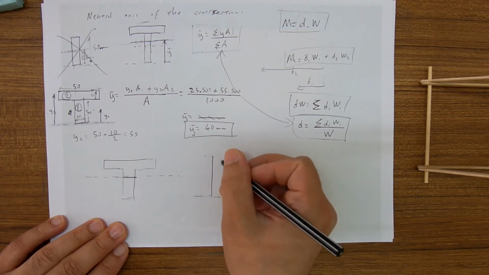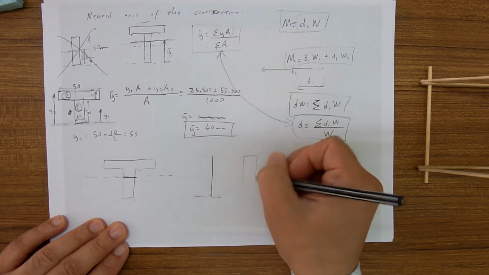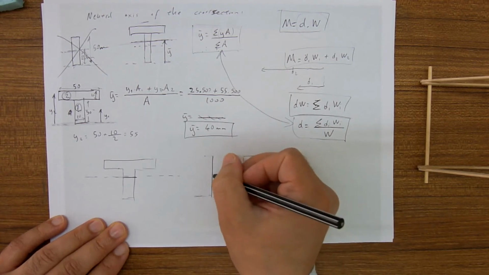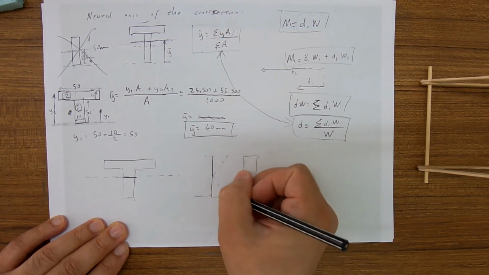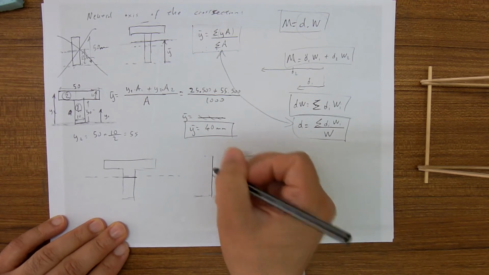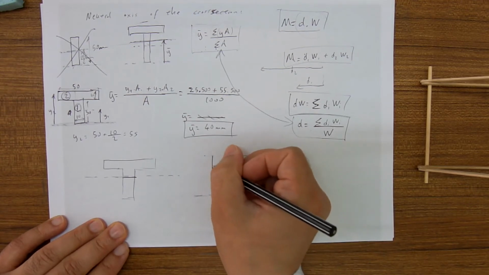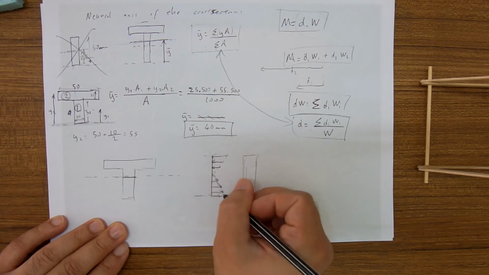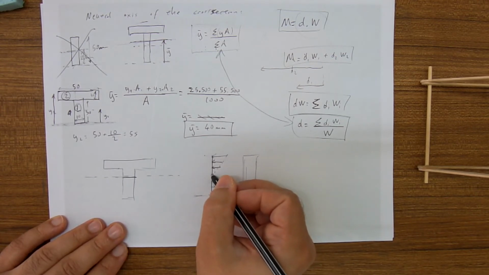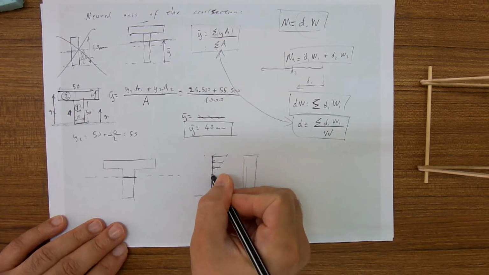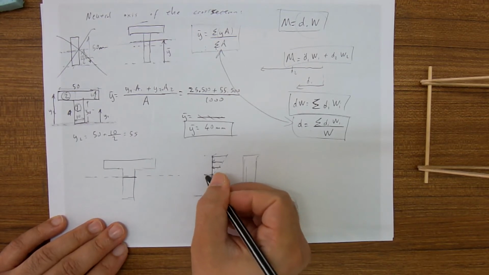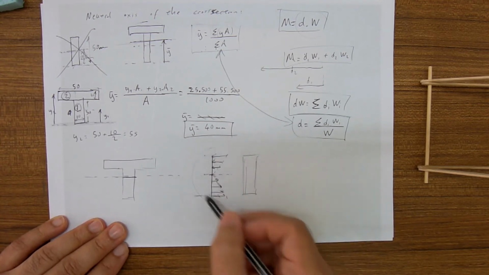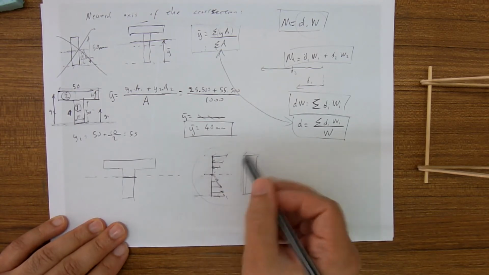If it was a straight beam with a rectangular cross section like this, the stress distribution or normal force distribution would be something like this. You remember? And this is where the normal stress or normal load is 0. This is the neutral axis. This one was for a straight rectangle.